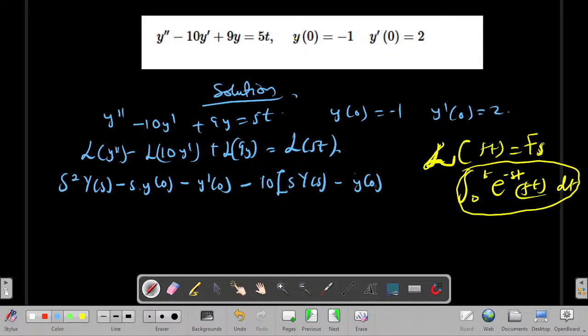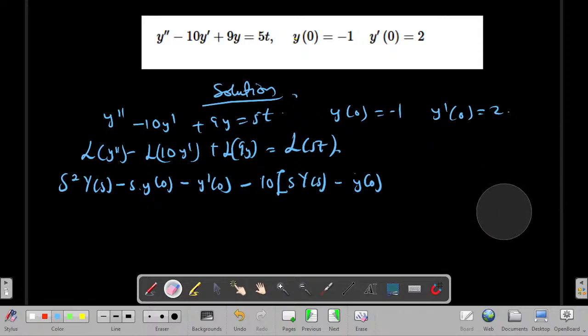If you were to go further, it would give y prime of 0, but that will influence the power we are dealing with. So once you've written this down, that is up to this alone, and at this point I can clean this and still continue.